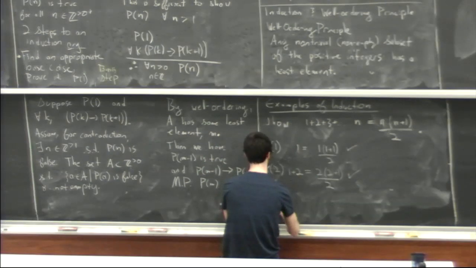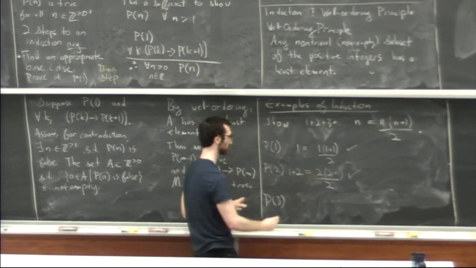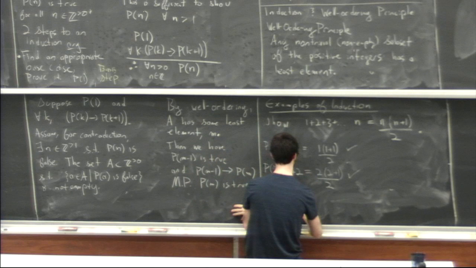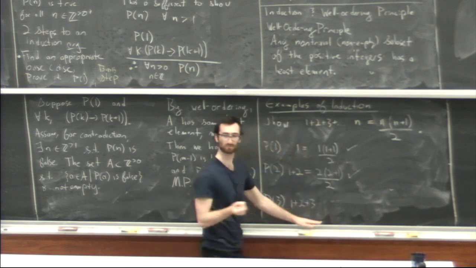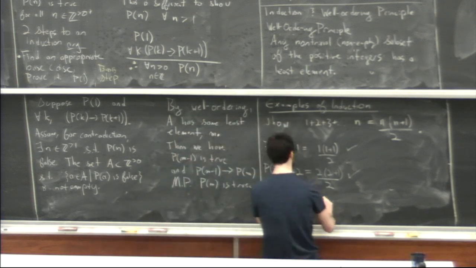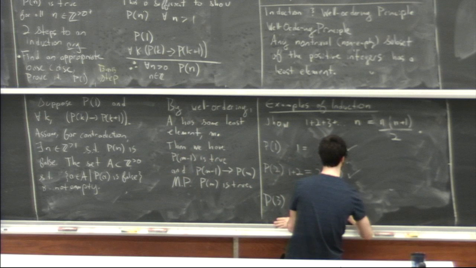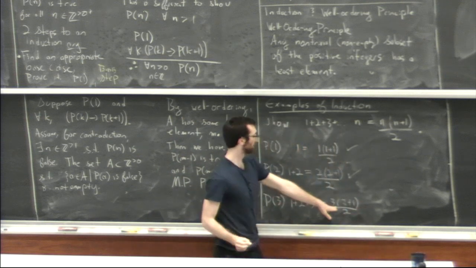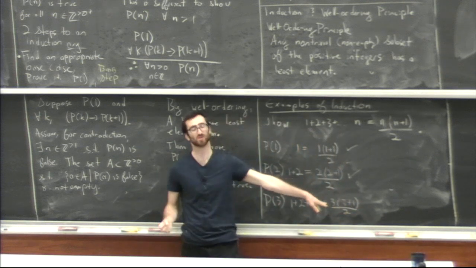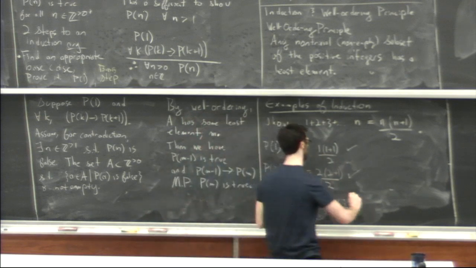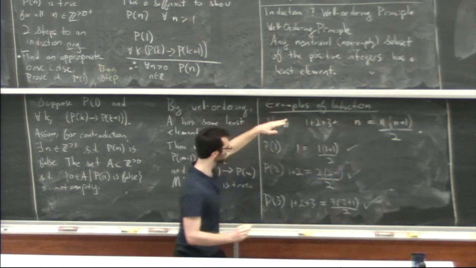The third proposition in this chain of propositions is that 1 plus 2 plus 3, which is 6, is equal to 3 times 3 plus 1 over 2. But this is 3 times 4 over 2, which is also equal to 6.